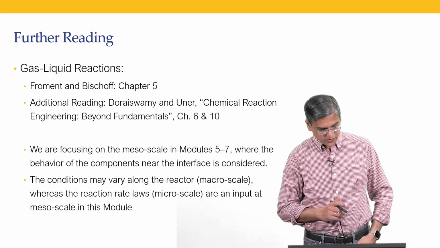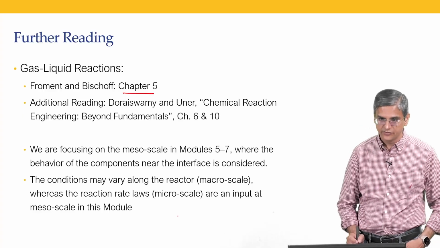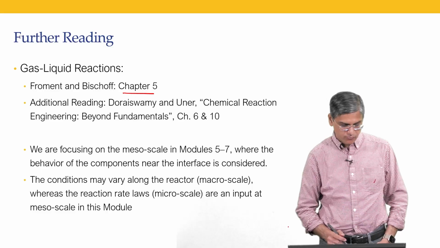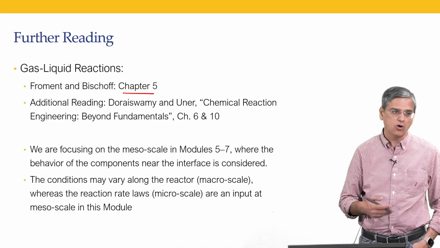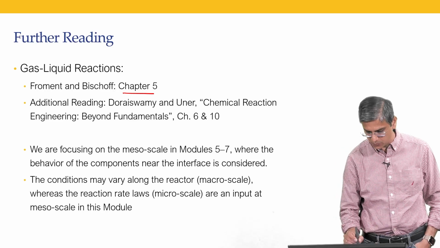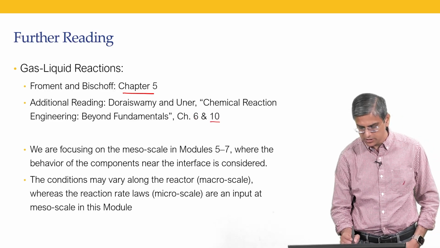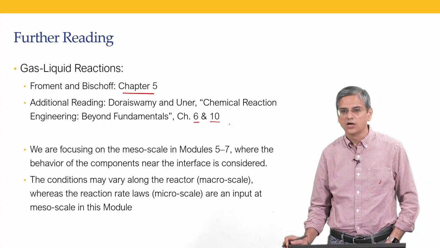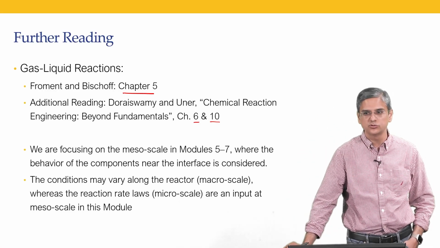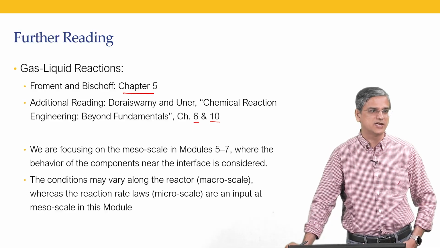Further reading would be Froment and Bischoff chapter 5. All the things that I have in these notes originally came from Doraiswamy and Uner's chapter 10 primarily, but also chapters 6 and 10. I have since modified it based on inputs from students, because students prefer to have one textbook.